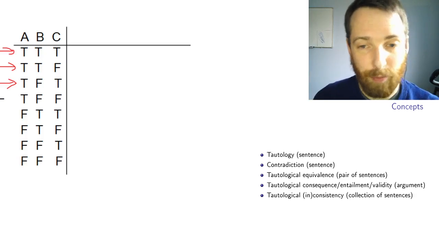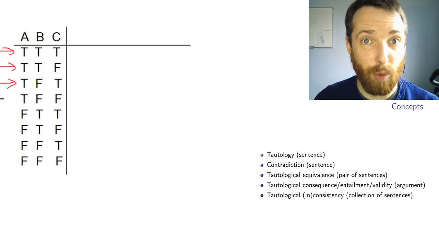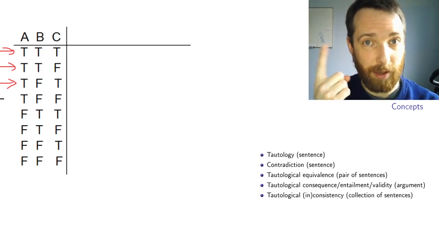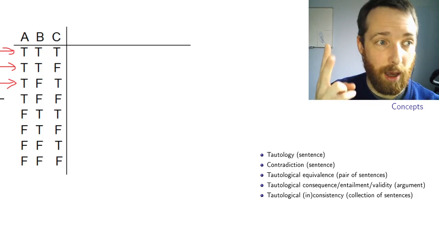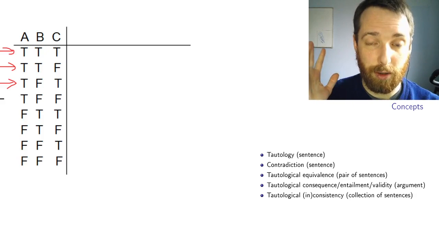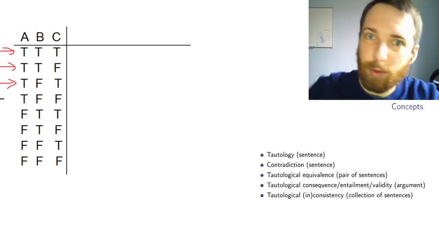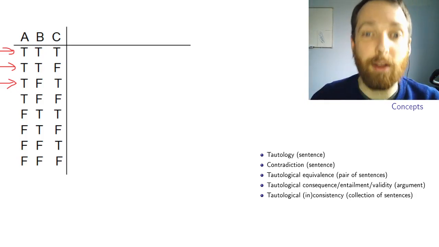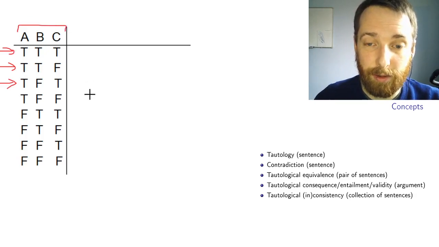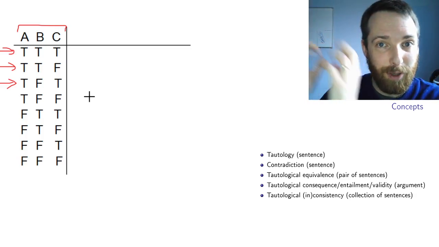Because our logic is truth functional, remember, truth functional means the only thing that matters in determining whether a given sentence is true or false is the way the sentence is set up, so which connectives are in there and how things are combined, and whether the atomic sentences involved are true or false. That's it. That's all you need to know.